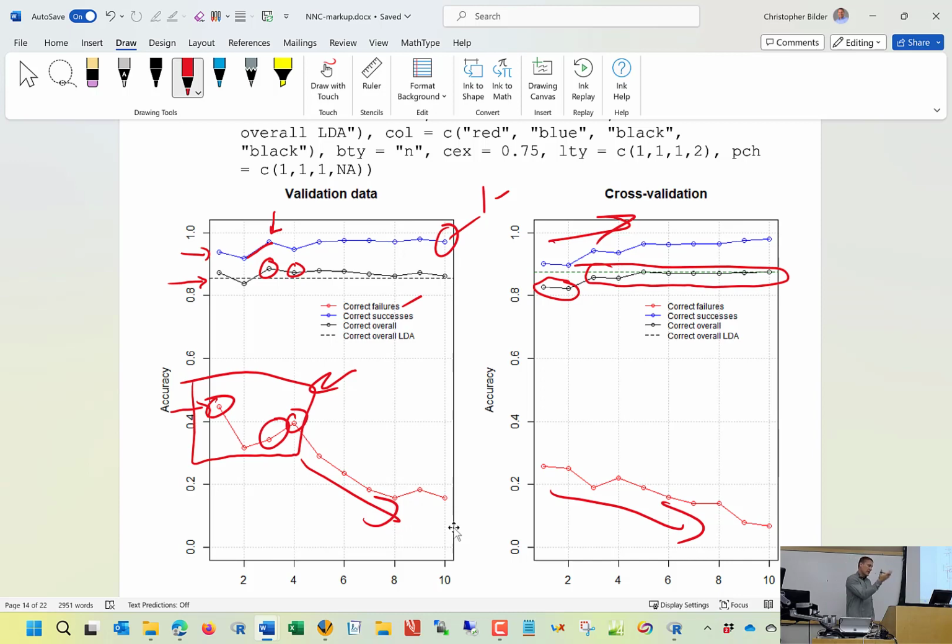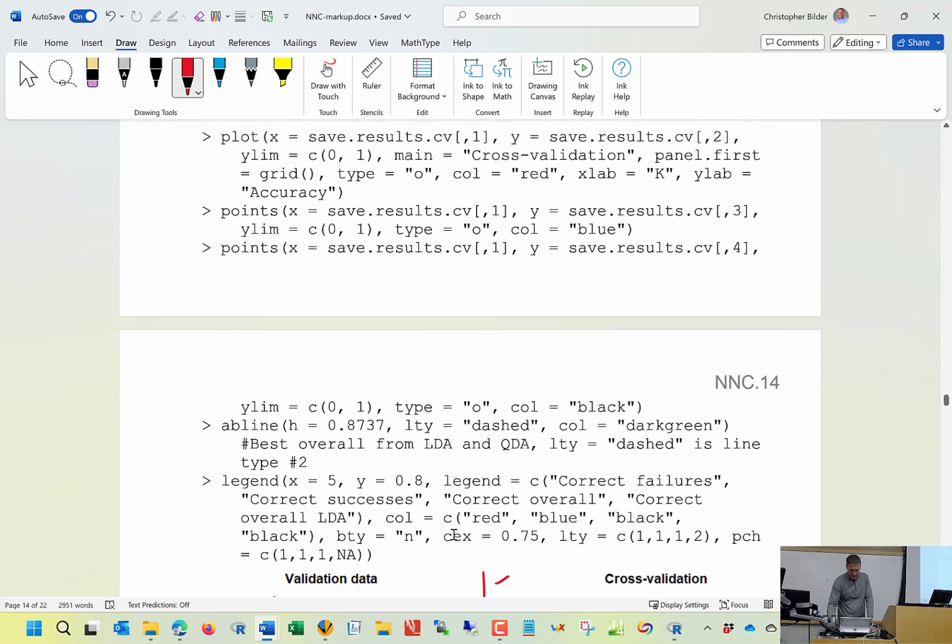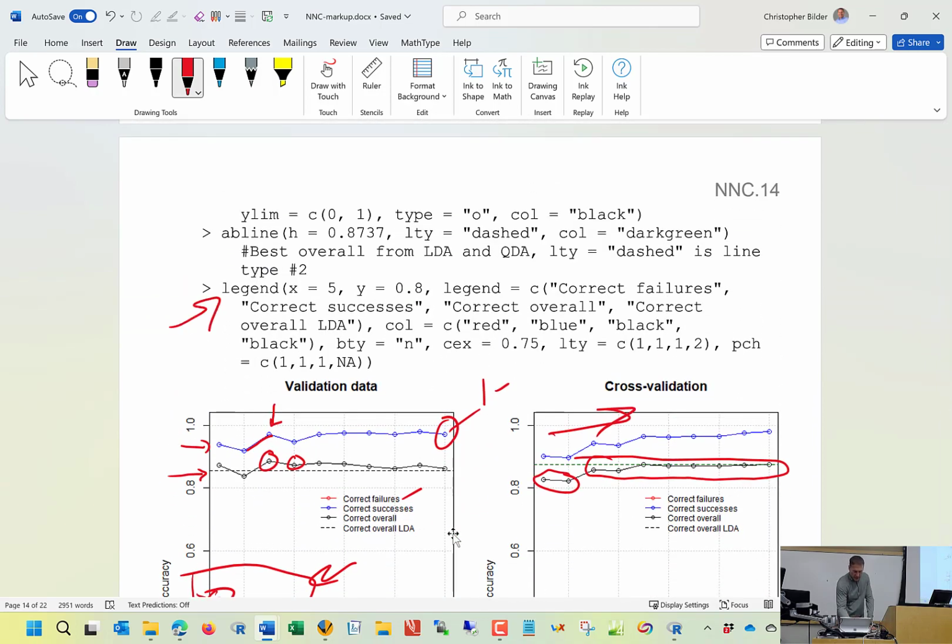I'm just going back to the last set of notes, I grabbed that value there and plotted it so that we can compare the different methods for prediction. And then lastly, of course, I put a legend on my plot so we can differentiate everything.